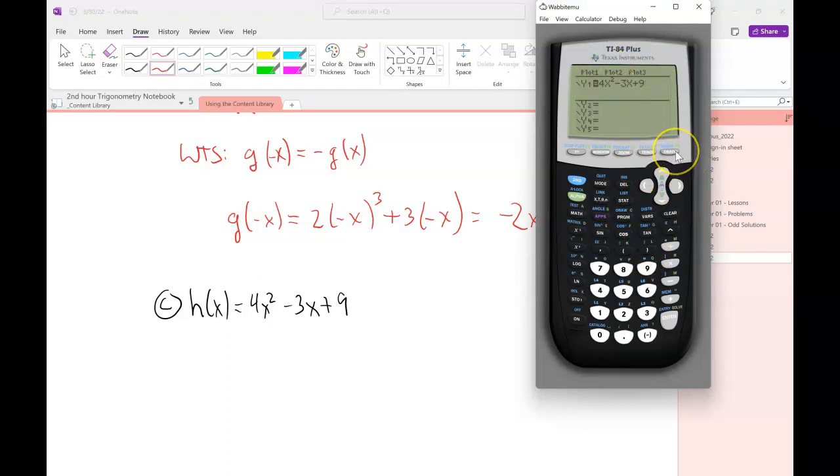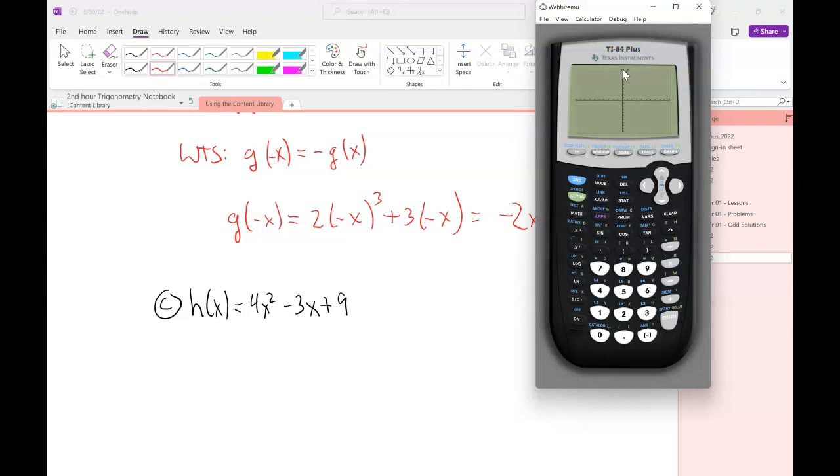Typed it in. I'll hit graph. That's not a very good picture, huh? You gotta zoom in. You gotta scoot the graph up. Which way do I need to move the graph to see? Needs to go up, northbound, right?